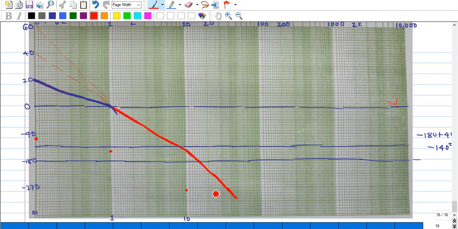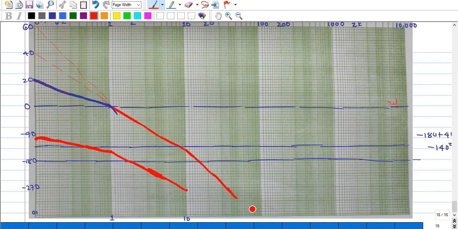So if you substitute infinity, we are getting minus infinity. So I hope these values are enough. So plot the graph. Okay, this particular graph will be the phase angle plot.